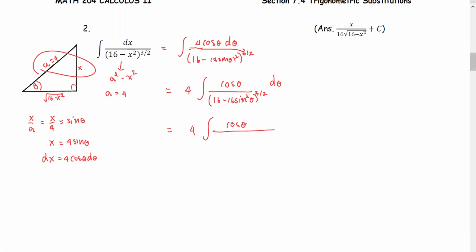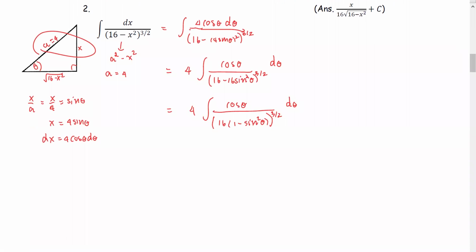The denominator has a common factor 16. 16 times 1 minus sine squared theta, all raised to the power 3 over 2 with respect to theta. And then, since the bottom is raised to the power 3 over 2, and inside the parentheses is a product, we can separate them as 16 to the power 3 over 2 multiplied by 1 minus sine squared theta to the power 3 over 2 with respect to theta.